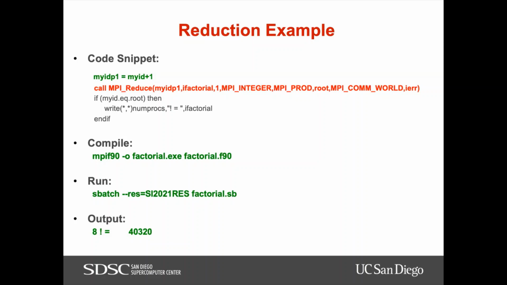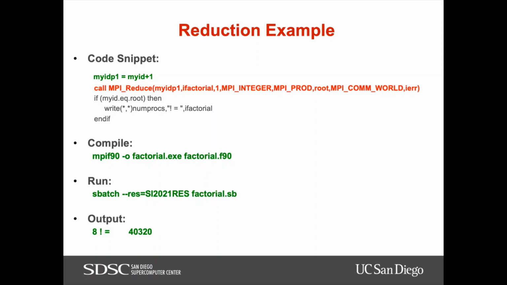So I just add 1 to that and then do this reduction operation. Again, this is the local variable. Then ifactorial is where the output will go. And you can also specify which process that output should be on.